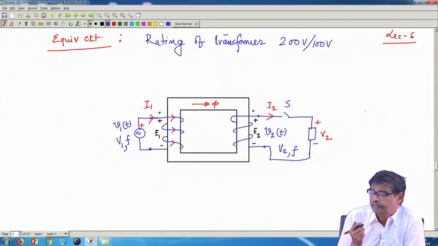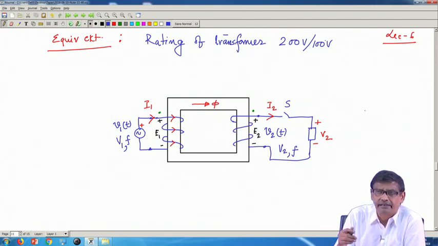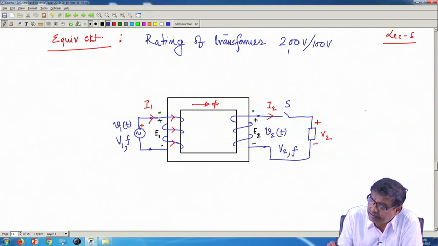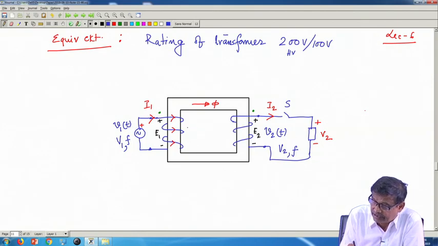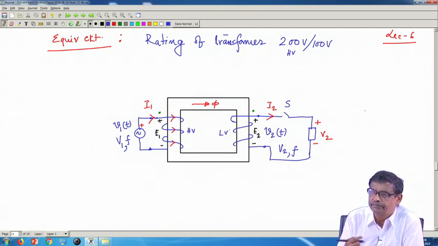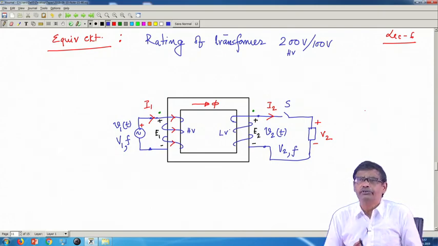Instead of saying the primary side is 200 volt and the secondary side is 100 volt, which we will also use as terminology, a more scientific way is to call this coil the HV coil, and this the low voltage coil, whichever side has the low voltage. You must be feeling that either of them can be used as primary.